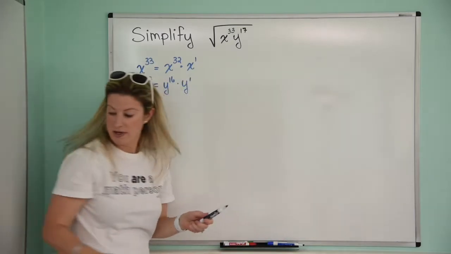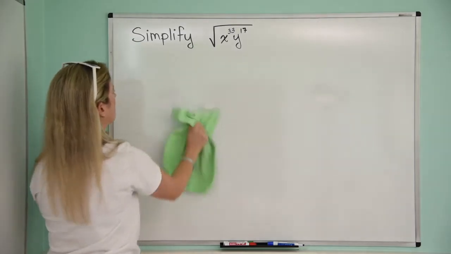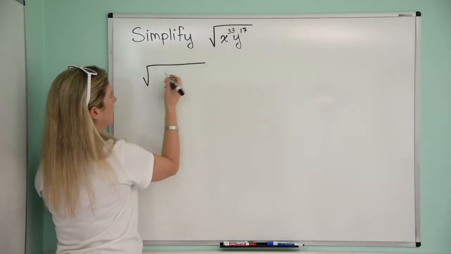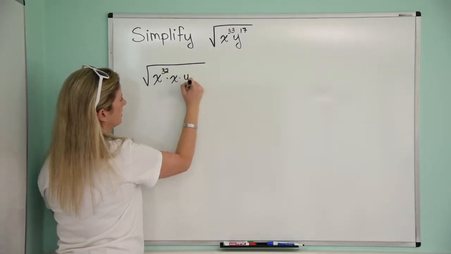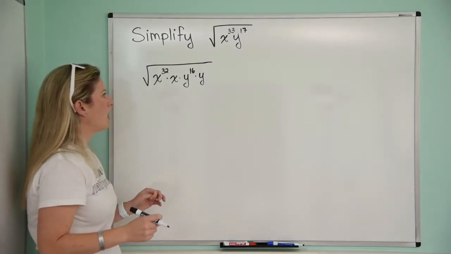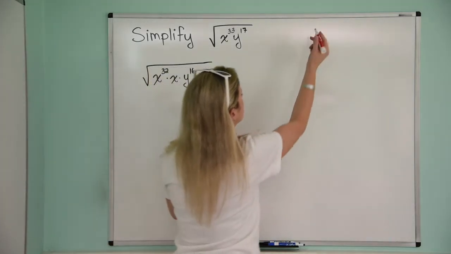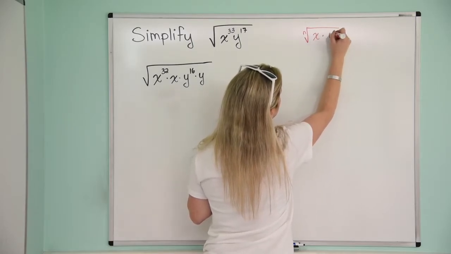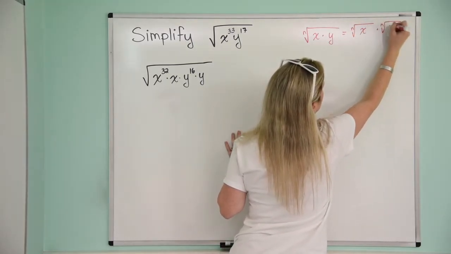I'll erase this just so that I have room, because I'm always running out of room. So I'm going to rewrite this as the square root of x to the 32nd times x times y to the 16th times y. Now, something you may remember is that the nth root of x times y equals the nth root of x times the nth root of y.